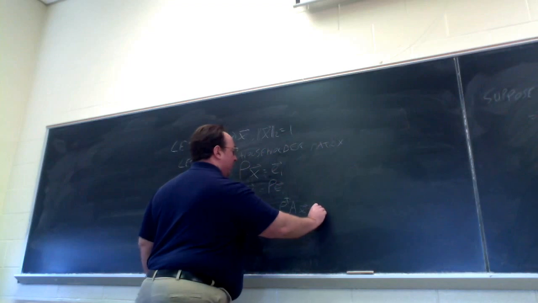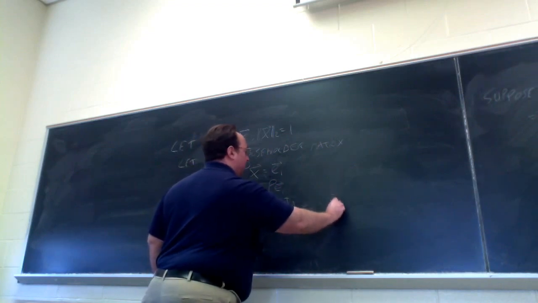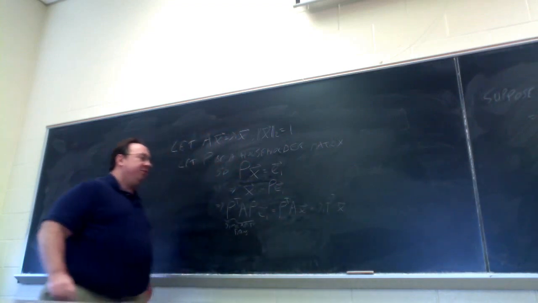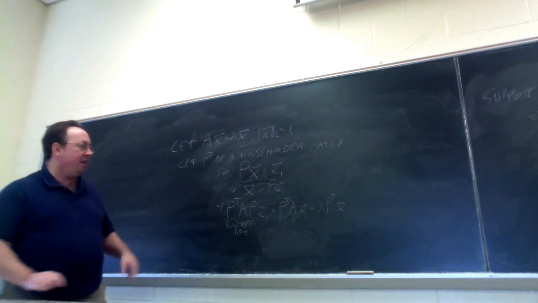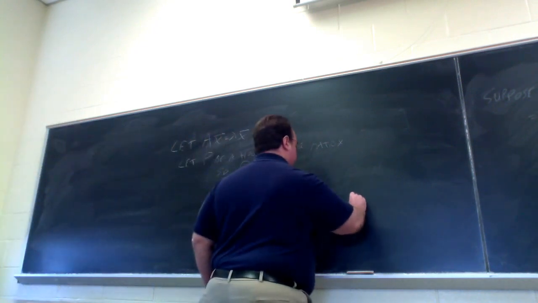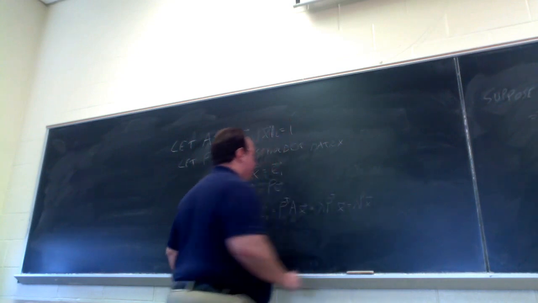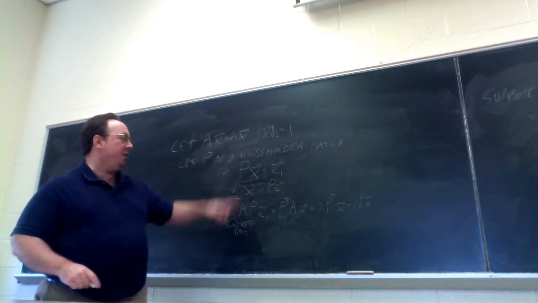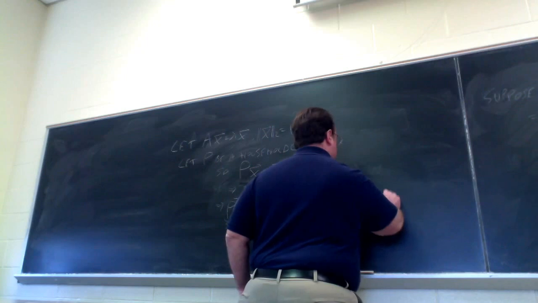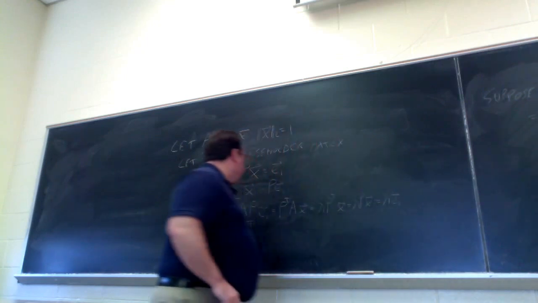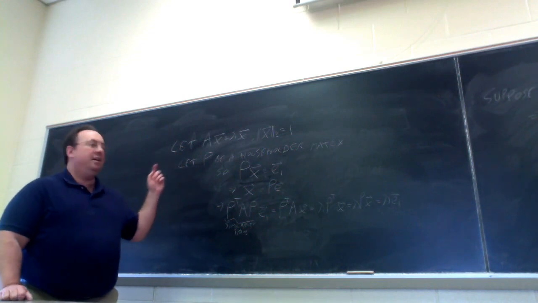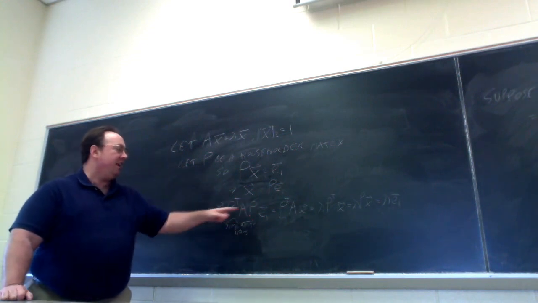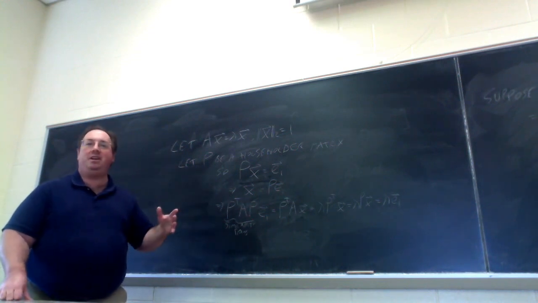So I get lambda x, and I pull the lambda out to the front. But P transpose x is the same as Px. Px is e1. So x is an eigenvector of A, but e1 is an eigenvector of P transpose AP.